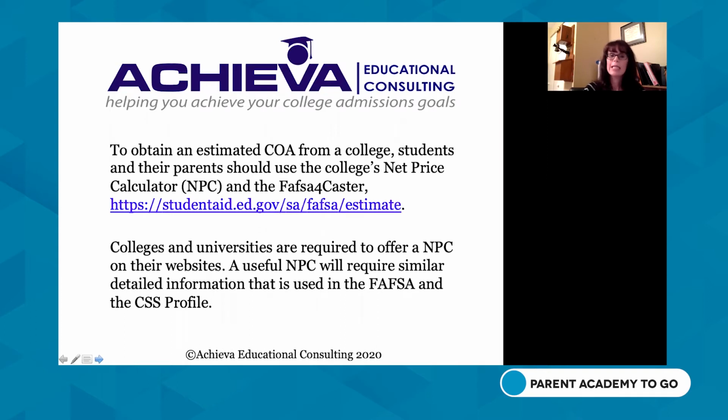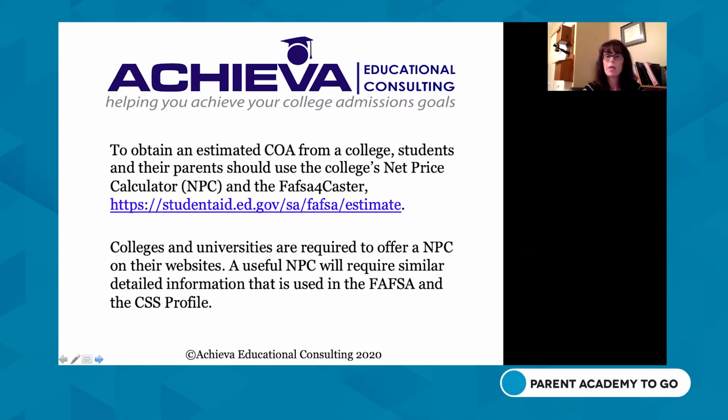To obtain an estimated cost of attendance from a college, students and their parents should use the college's net price calculator and the FAFSA forecaster. The link below is to the FAFSA forecaster. Colleges and universities are all required to offer a net price calculator on their website.